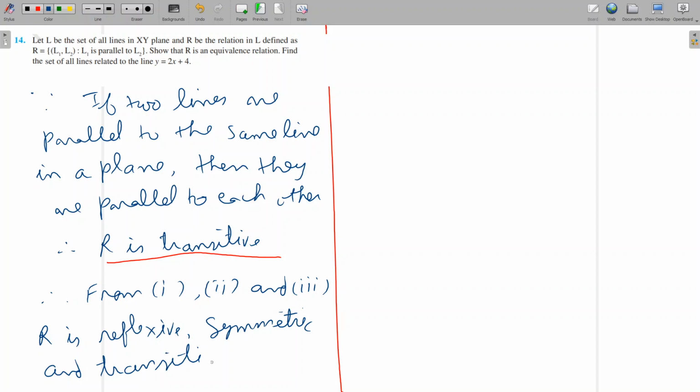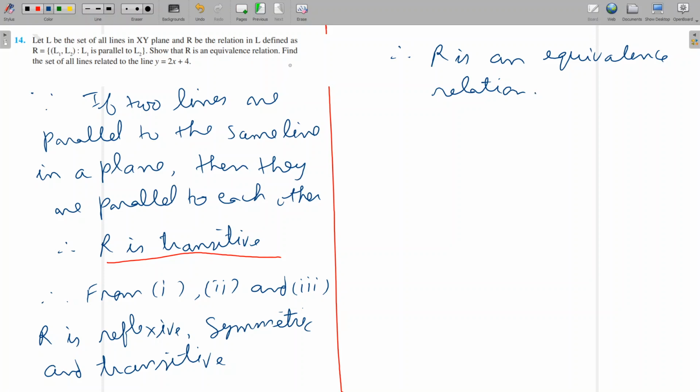So therefore R is an equivalence relation, because we know that if a relation is reflexive, symmetric and transitive, then it is known as an equivalence relation.